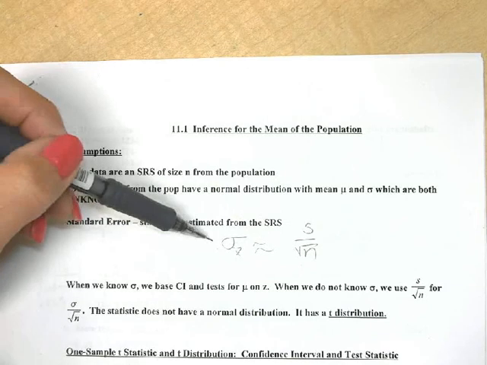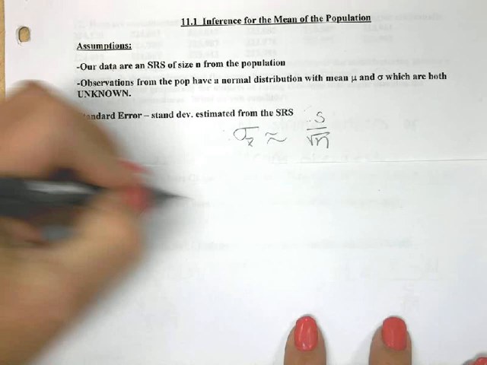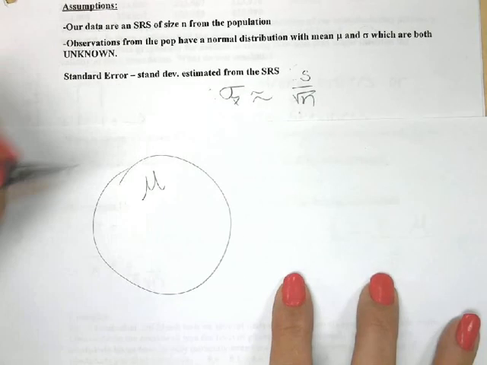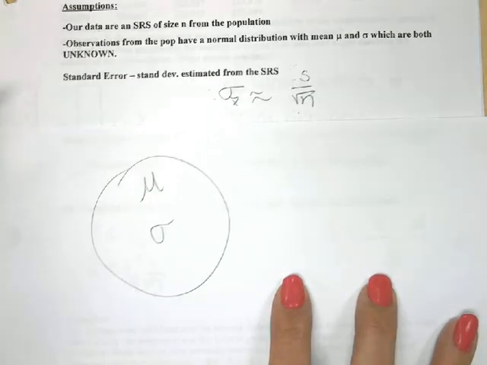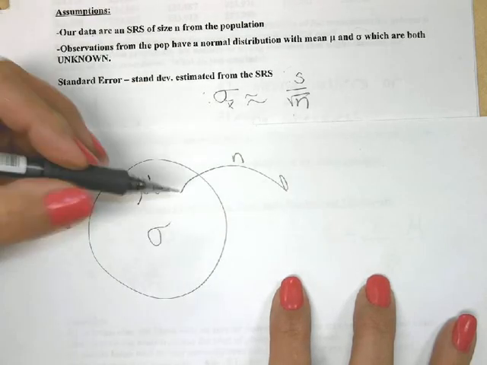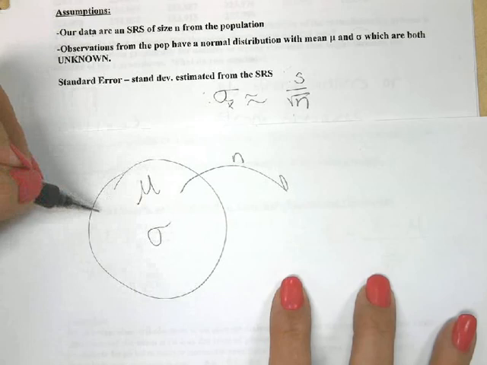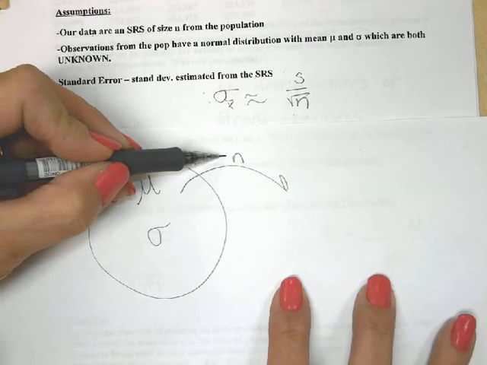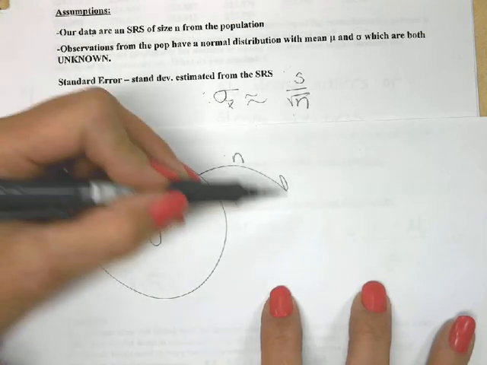Remember, the context is that if I had some population with a certain mean and a certain standard deviation, I take samples of size n, and if the original population is not normal, then we want these to be relatively large so the central limit theorem kicks in, and we get an X bar.